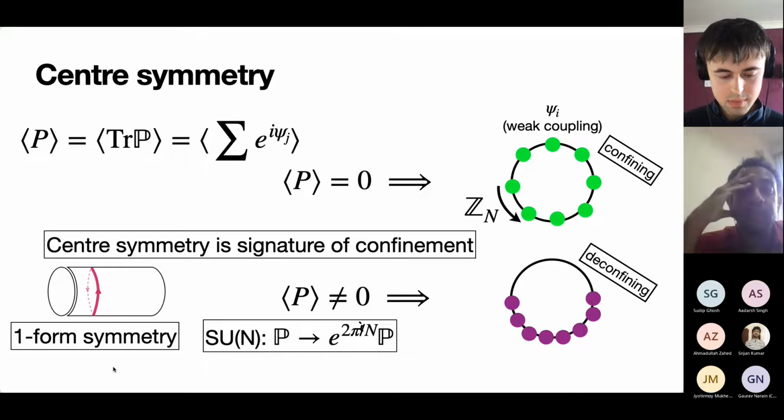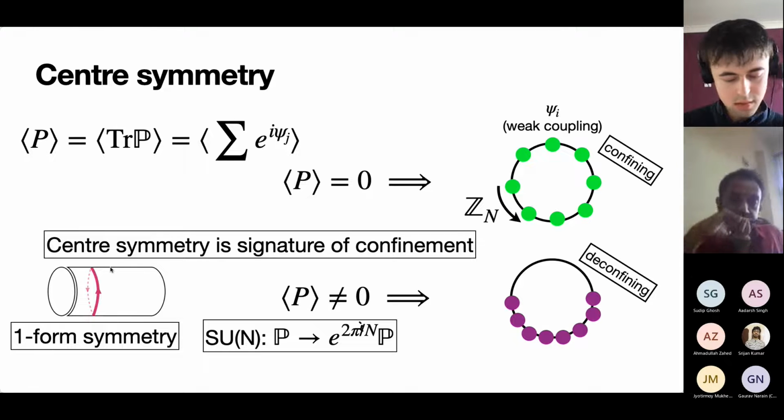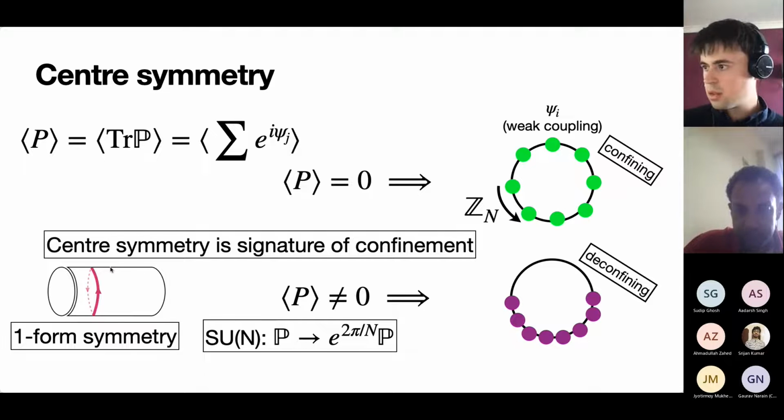Okay, so I guess what you're saying is that it's not a statement about the location of the things, but a statement about the fact that you have a shift symmetry in the phases of each of those things. Is that the statement? Yes. Okay, so that there is a center symmetry. Okay, thanks.